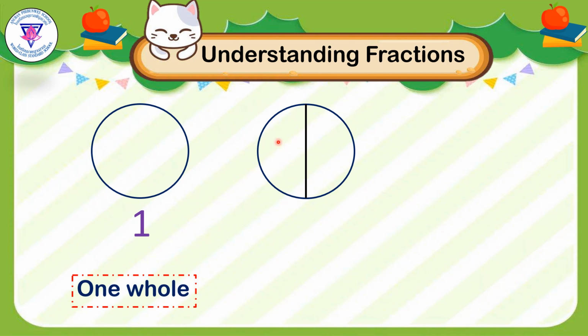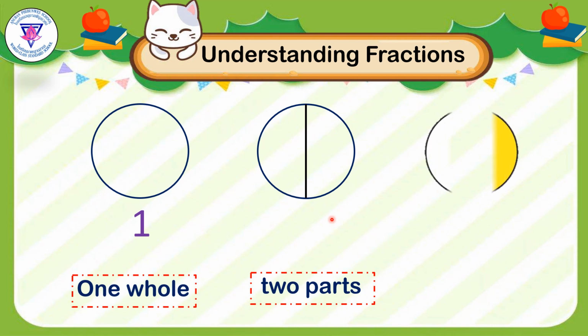This side is the same as this side, so they are equal. Then I am going to color one part of this circle. As you can see, I colored it yellow. So 1 out of 2.